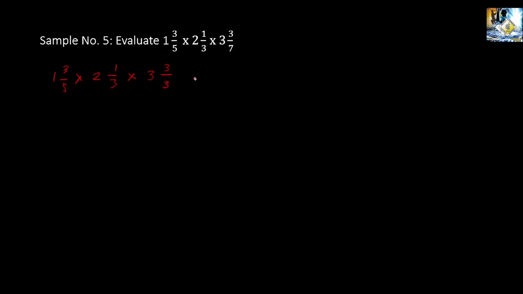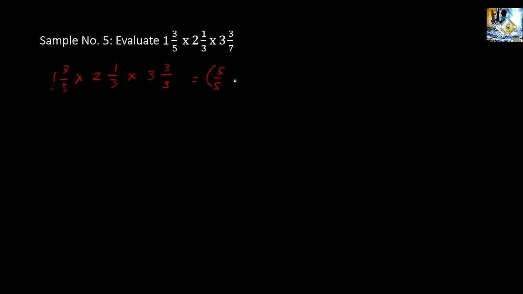Okay, so if we rewrite it again, if you still remember, we separate the number. Okay, so it will become the same number. So if we write 5 over 5, that is the same as 1, right class?